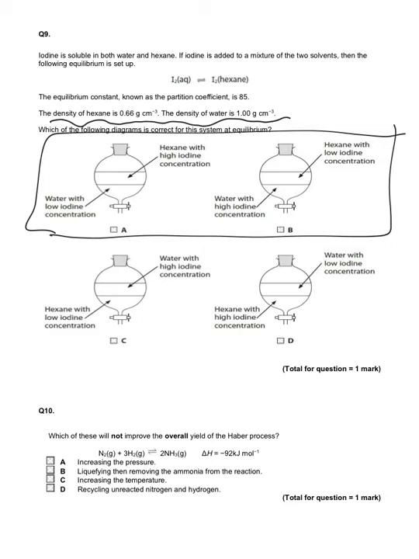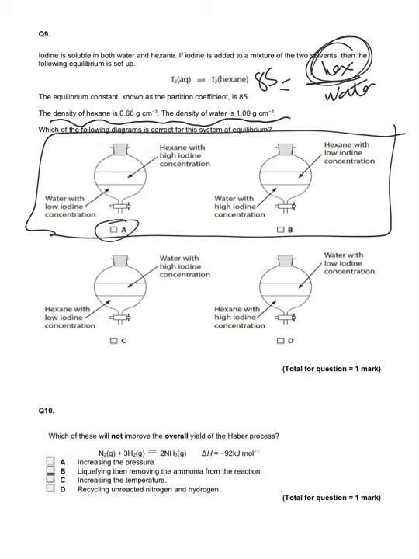And then it tells us the equilibrium constant is 85. That's a really big number. So if we think about a fraction, we've got the hexane over the water, and that equals 85, which means this top number must be much bigger than the water, which tells me there's a lot in the hexane and not a lot in the water. So the answer there is A.